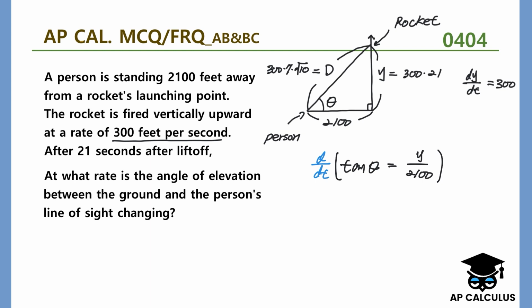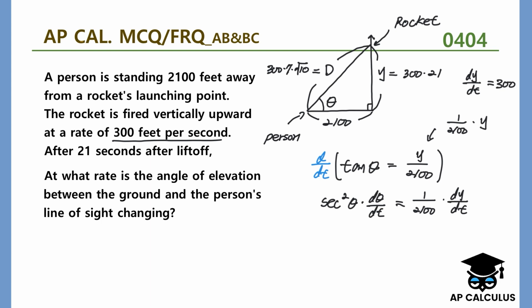The derivative of tangent is secant squared. So secant squared theta times derivative of theta with respect to time t, that's d theta over dt, chain rule. Remember this expression is 1 over 2100 times y, a constant times y. So the derivative is 1 over 2100 times dy over dt.